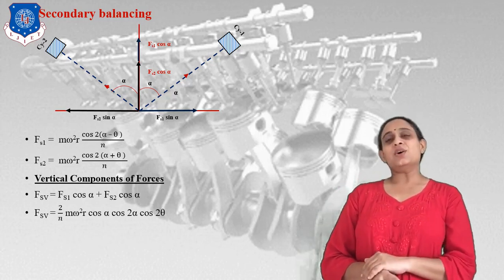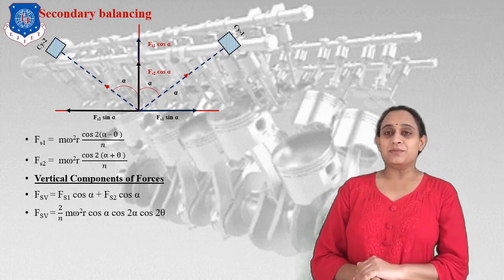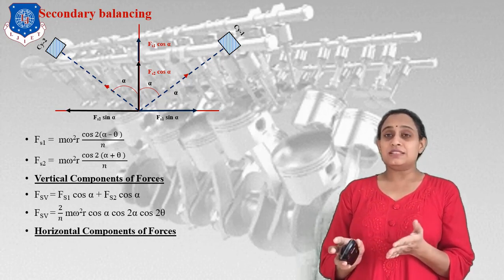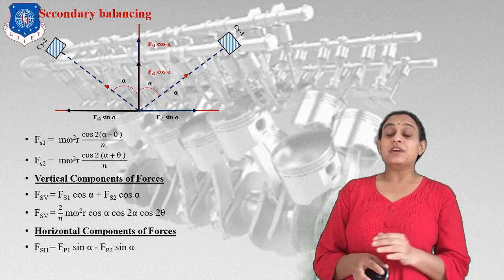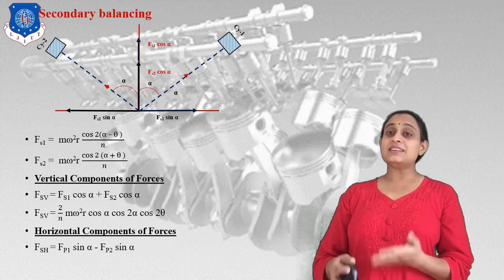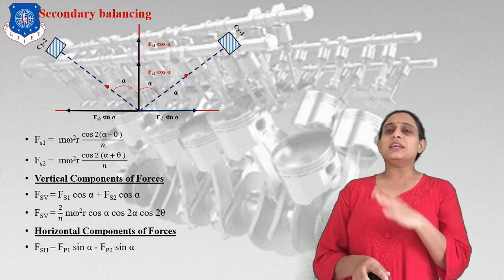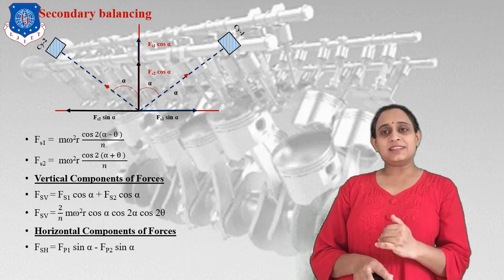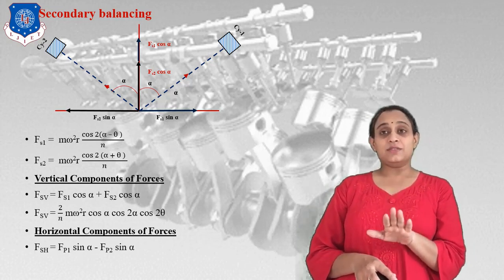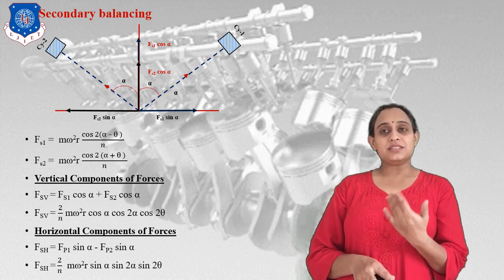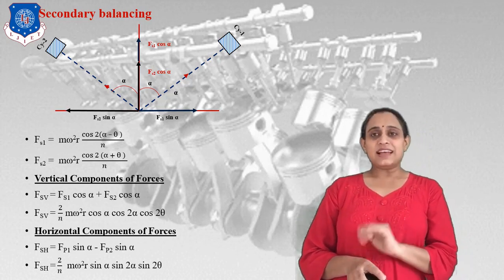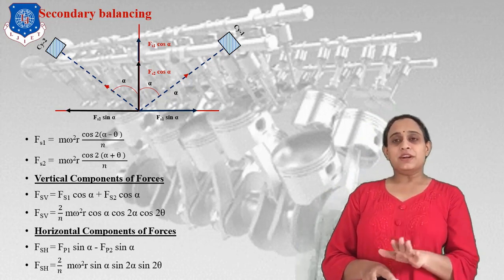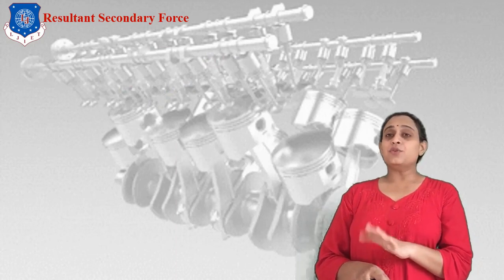Now, let us have the horizontal component. For the horizontal component, which means sin alpha, one side is positive and another side is negative. It means Fs1 sin alpha minus Fs2 sin alpha. By putting and solving this equation, we get 2 by n m omega square r sin alpha sin 2 alpha sin 2 theta. Clear? Now, let us have the resultant value. As we all know, the resultant is vertical force square plus horizontal force square.